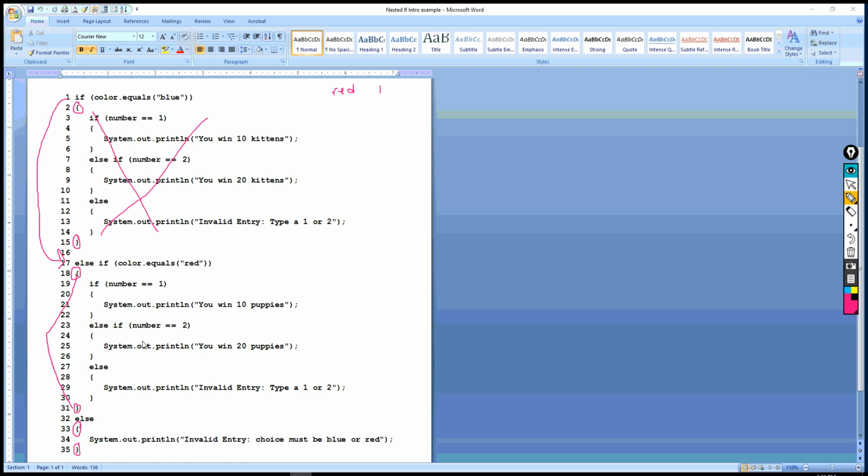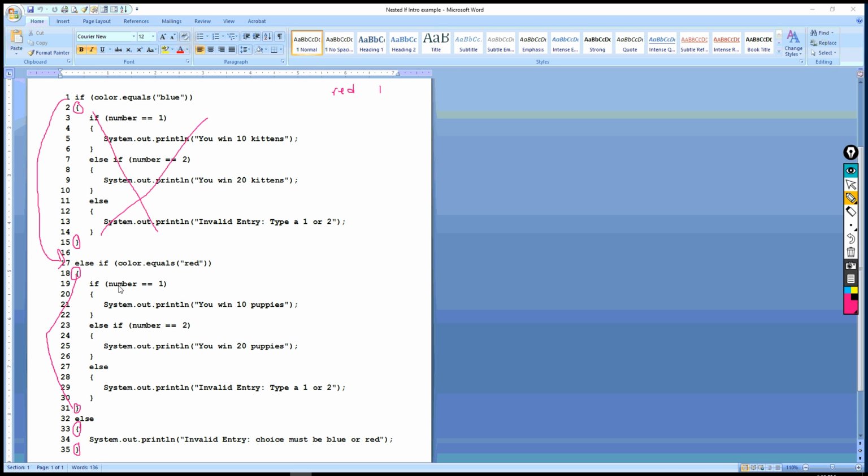Well, the else if clause just happens to be an if else structure. And the important thing here is just to consider this if else structure as if it's the only piece of code in the entire program. So don't be looking anywhere else, because that's where some people get confused. Just treat this as if it's all by itself.